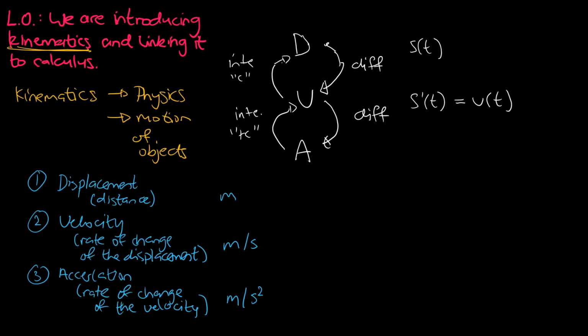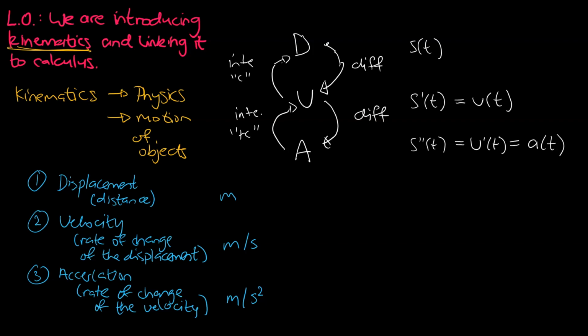And finally, the last one, again, if we differentiate again, well, that would be the second derivative of s(t), which would be the derivative of the velocity. Sorry about that, struggling with my words. And finally, if you do that, that will give you the acceleration with respect to time.